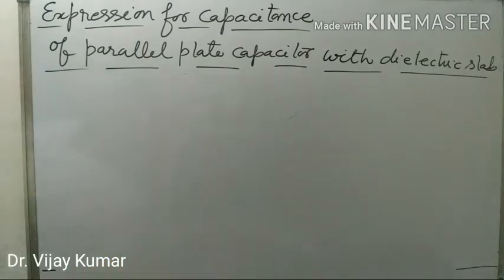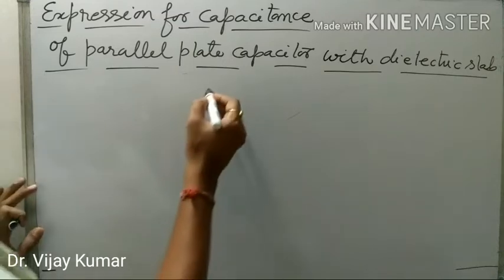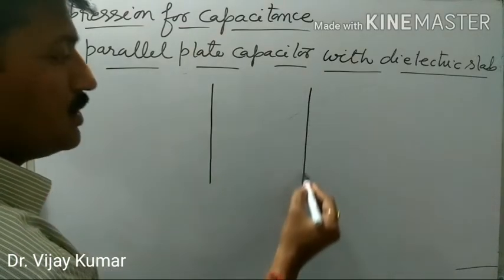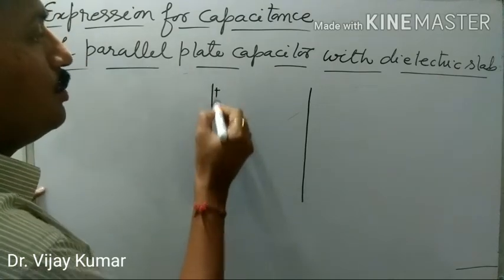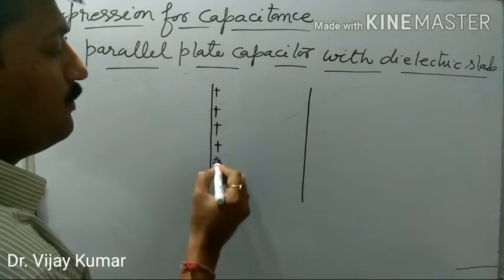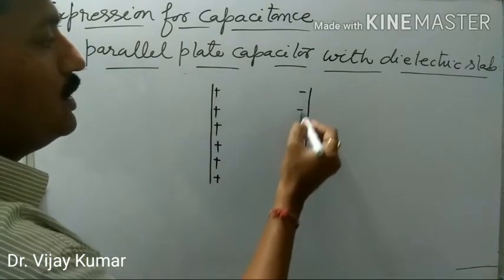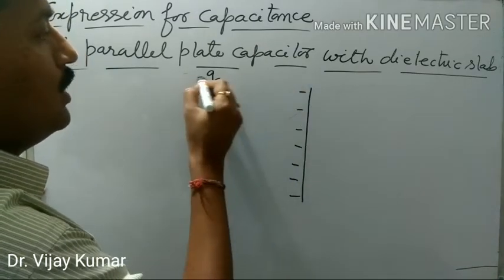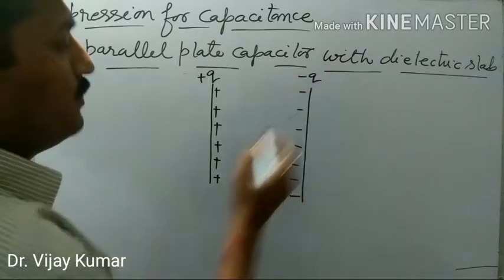Now we determine the expression of capacitance in a parallel plate capacitor when a dielectric slab is partially filled between the plates. Suppose this is the positive charge plate and this is the negative charge plate, plus Q charge and minus Q charge.